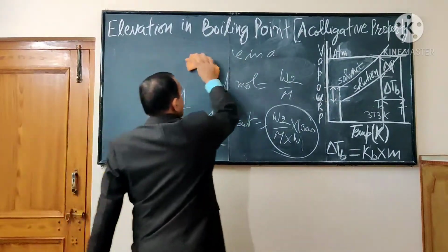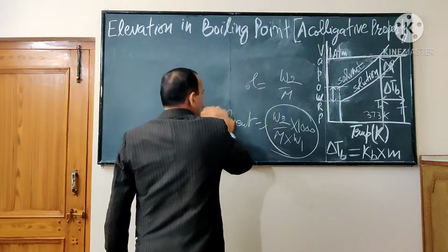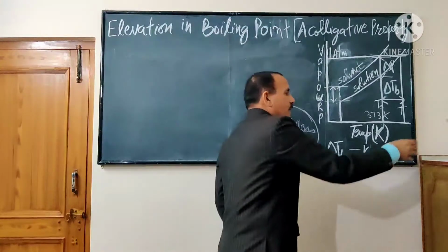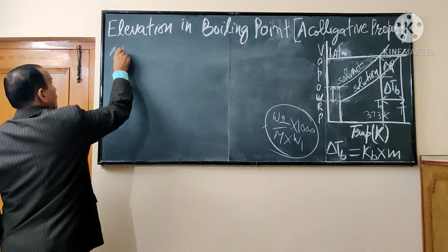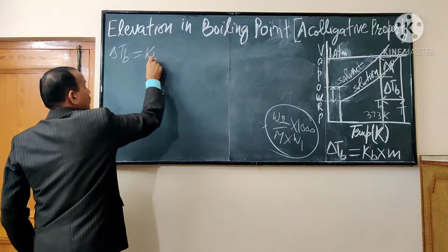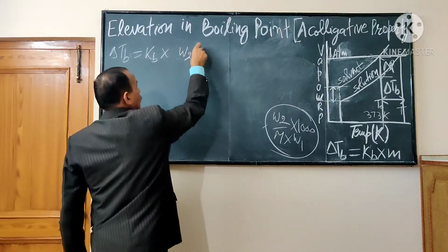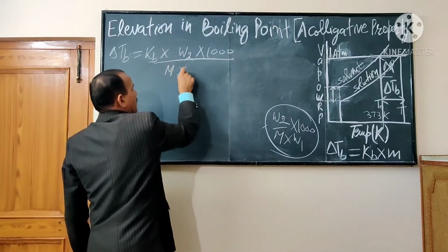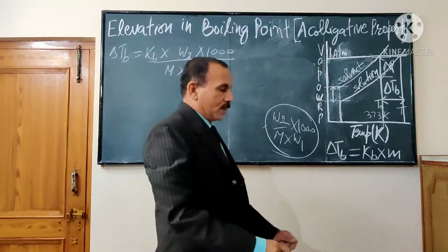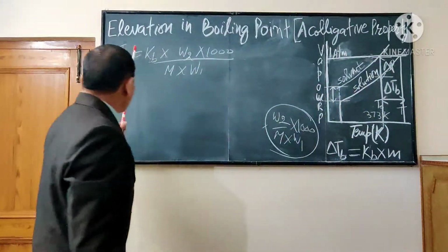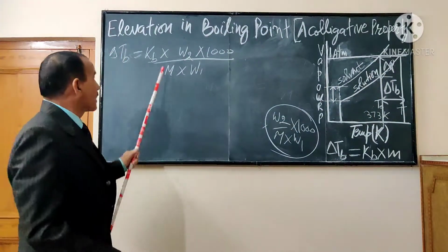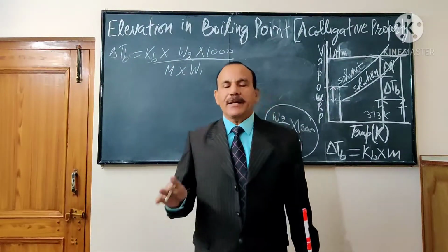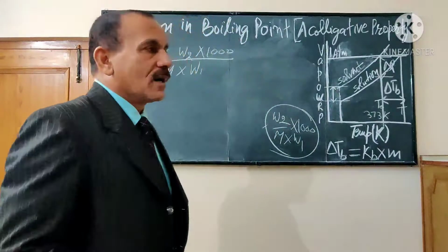So delta TB is equal to Kb into the value of molality, small m. Delta TB is equal to Kb into W2 into 1000 over M into W1. So let delta T be the increase in boiling point of the solution. Kb is known as the molar elevation constant, and it is constant for any given liquid.